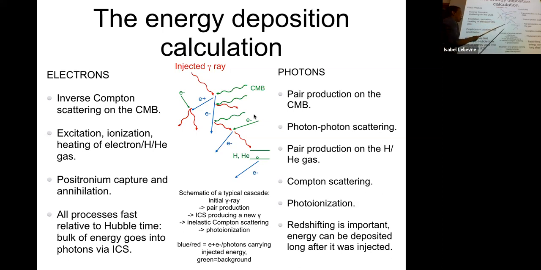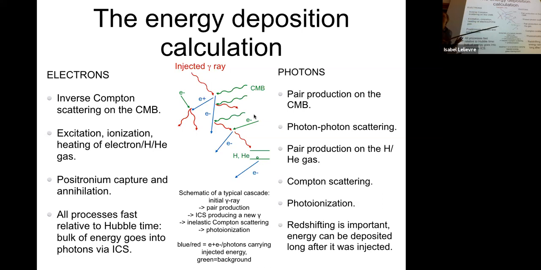As the photons get to lower energies, other processes become important. Photons can just scatter on CMB photons and lose energy. They can pair produce against the gas rather than the CMB. At lower energies, they can Compton scatter, so they can just bounce off the ambient electrons. And at sufficiently low energies, they become very efficient photoionizers. On the other side of the plot, down to relatively low energies, when they're non-relativistic, the electrons' main energy loss mechanism is just inverse Compton scattering.